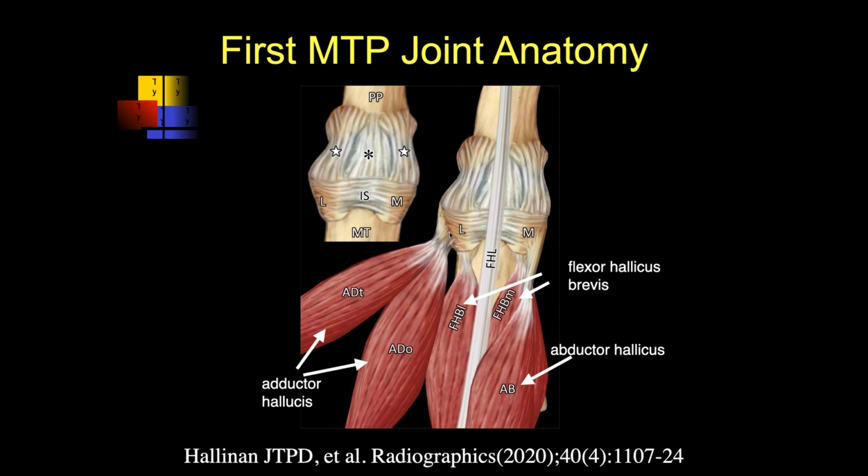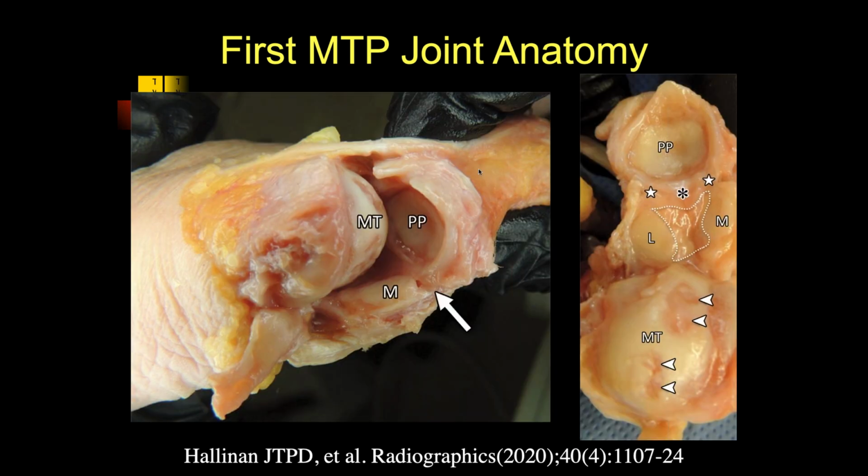So in this complex of the sesamoid bones, there are a number of muscles that attach to the sesamoid bones to try to make sure that you have full control over the motion of these bones and the metatarsal phalangeal joint space here.